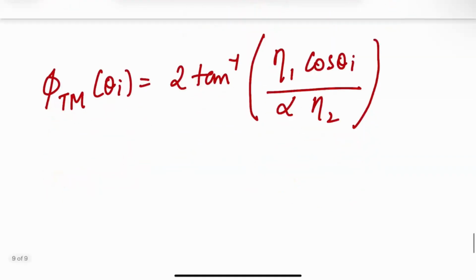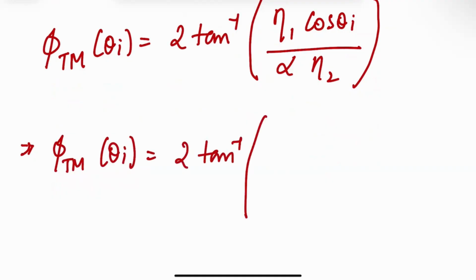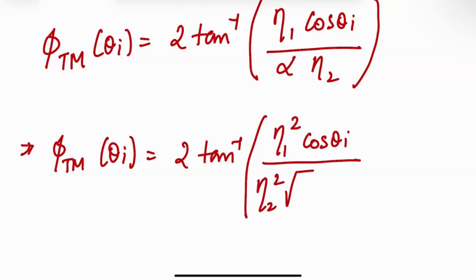Okay, I can substitute the value of alpha as well in here, and that gives me phi TM of theta i equal to 2 times tan inverse eta 1 squared cosine theta i over eta 2 square root of sine squared theta i minus eta 1 squared over eta 2 squared.